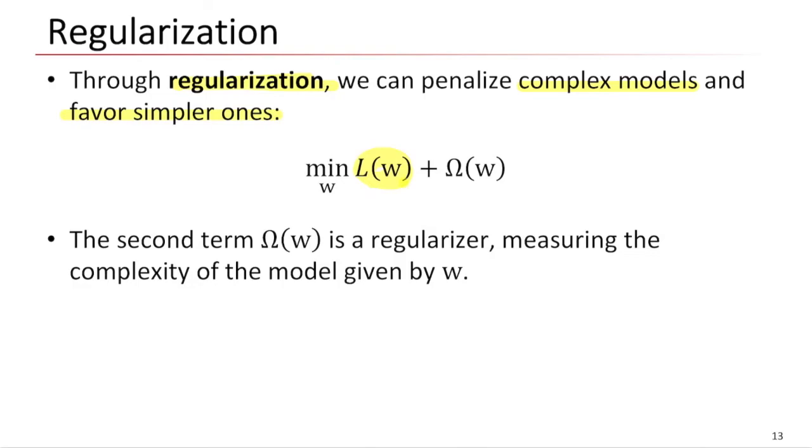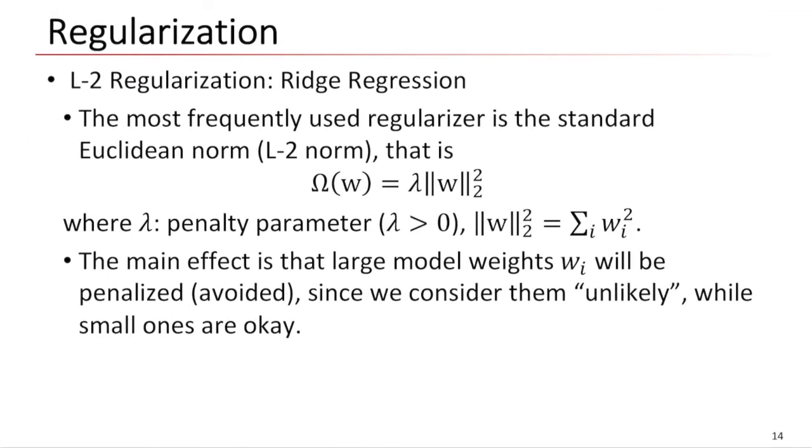Comparing to the previous one, we add a new function of W. Finally, this original loss function and the new loss term are added, and we minimize this overall loss function over the parameter W. Here, this second term is called the regularizer, which measures the complexity of the model given by W. So this is the formal definition of the regularization.